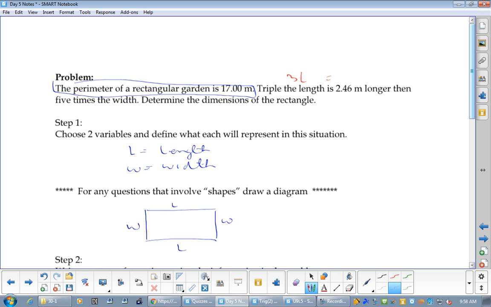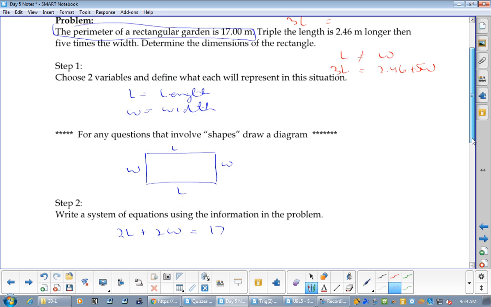So we know that length, this isn't true, is it? To make them equal, the length plus 2.46, yeah, that would make those two equal each other. Do you see that? Okay, so that's how I always think about it. But then we've got to put the 3L and the 5W in there, right?